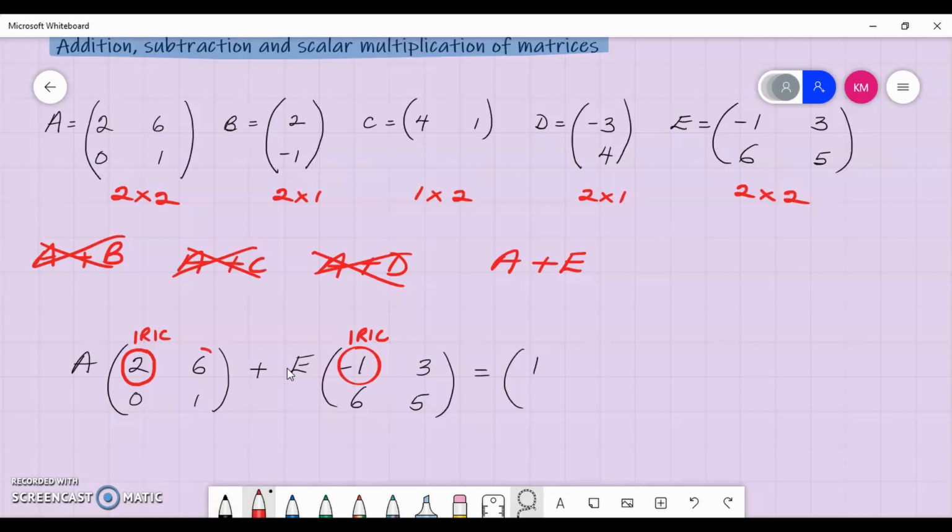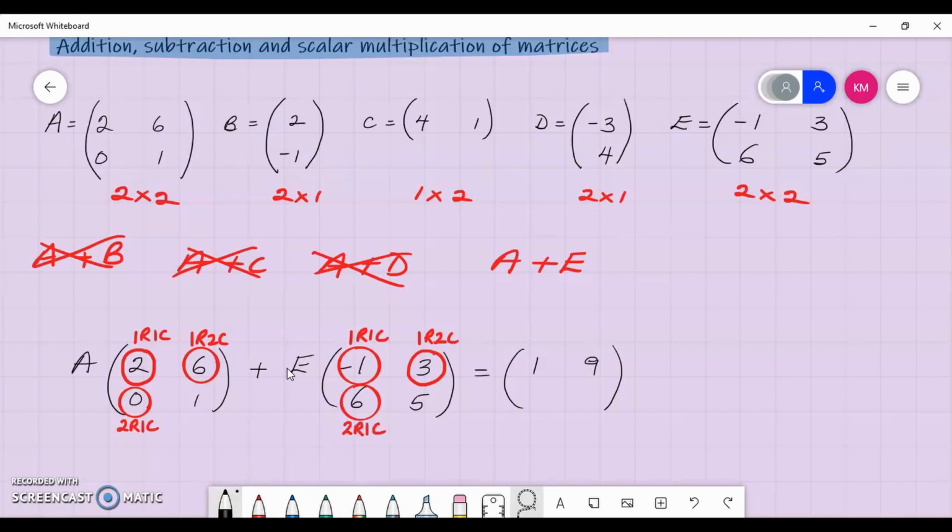Secondly, I am going to add 6 and 3 because 6 is in my first row, second column, and 3 is also in my first row, second column. So 6 and 3 gives 9. Next, 0 will be added to 6 because 0 is in my second row, first column, and 6 is also in my second row, first column.